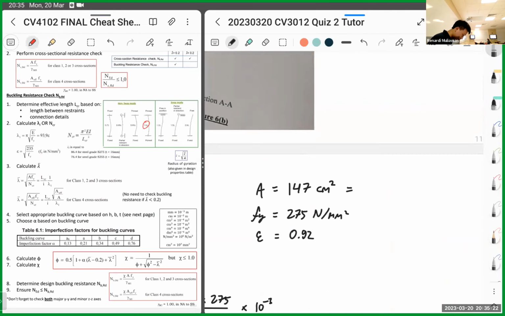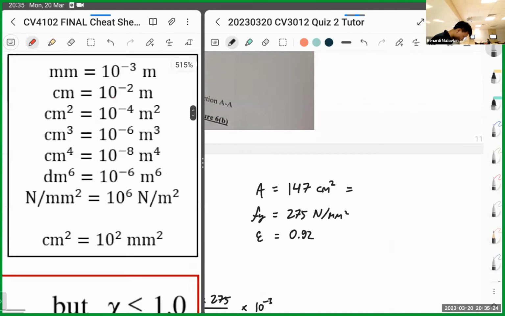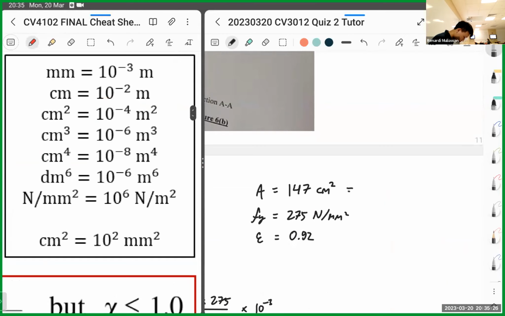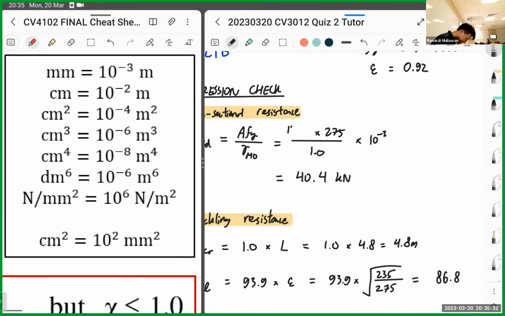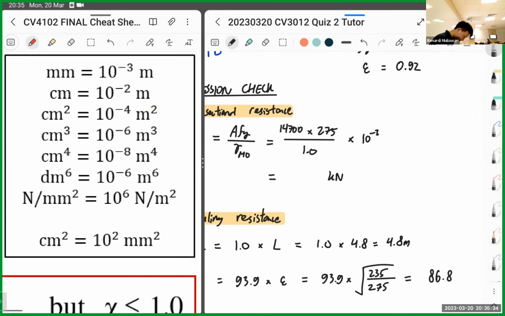So cm squared to millimeter squared is 14,700 mm squared.